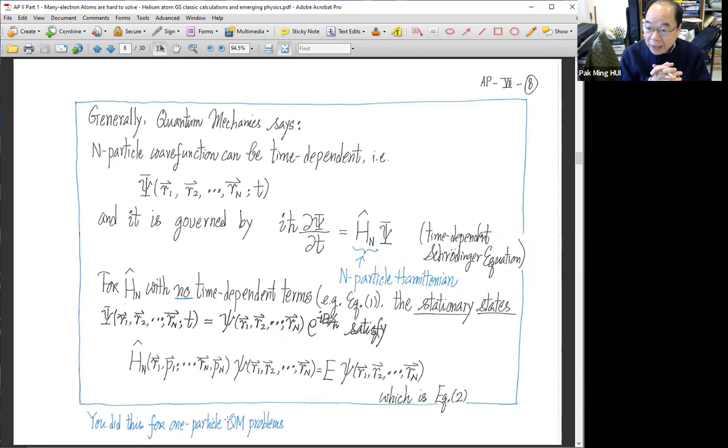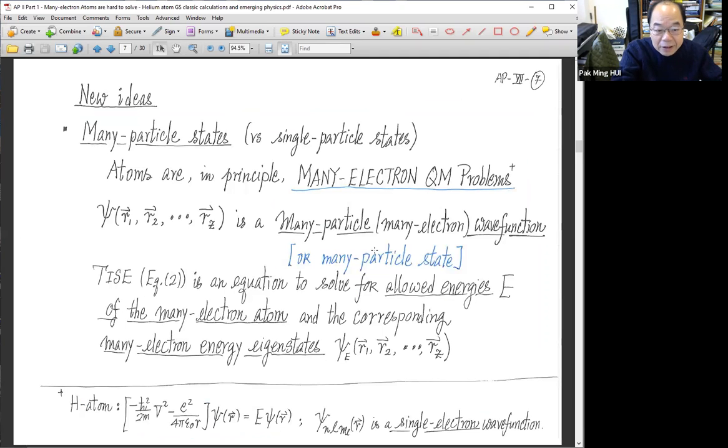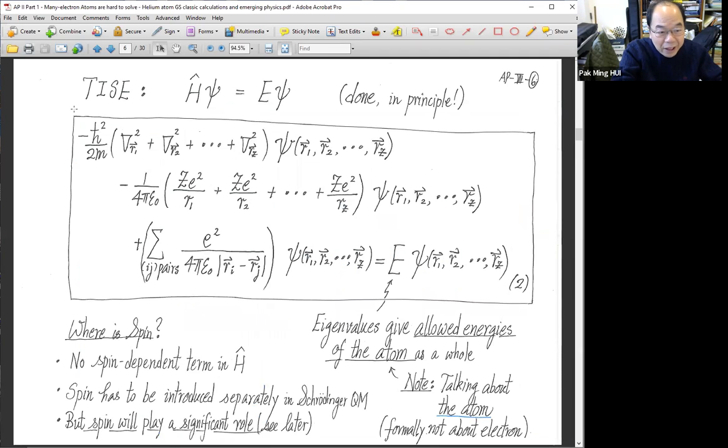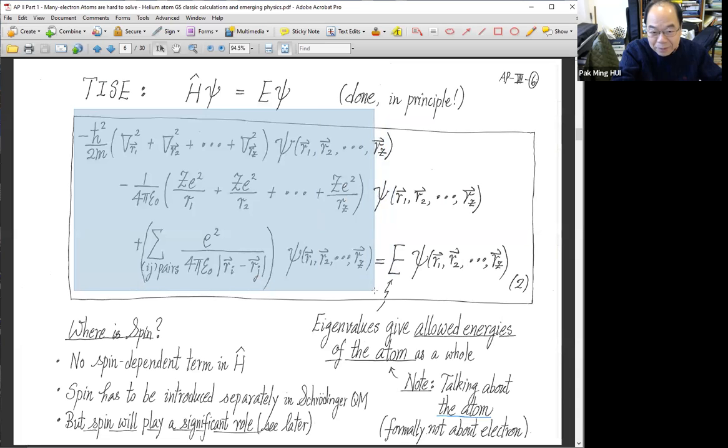So generally, for an n particle problem, n electrons, Z electrons, for example, then you have this many particle or many electron time-dependent Schrödinger equation. The Hamiltonian is exactly the box. H psi is this part, okay?